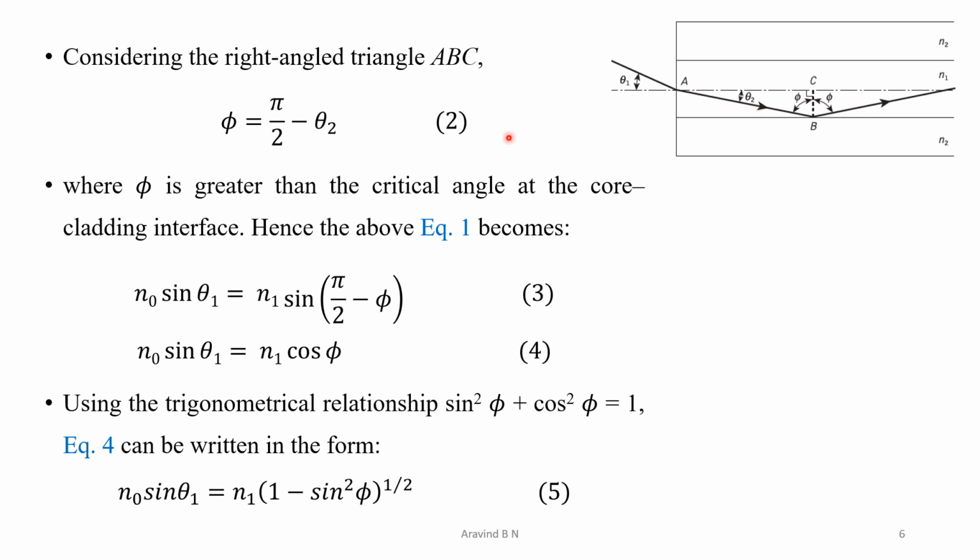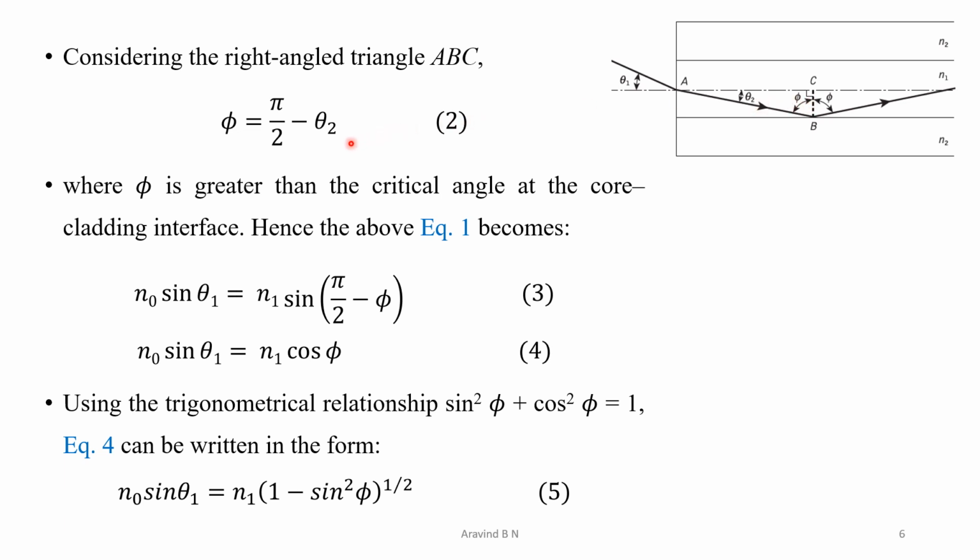Now here we can observe, by considering the triangle ABC, that there are three angles we can identify: theta 2, then phi, and then one more, the right angle. The angle phi can be given by pi by 2, or 90 degrees, minus theta 2.